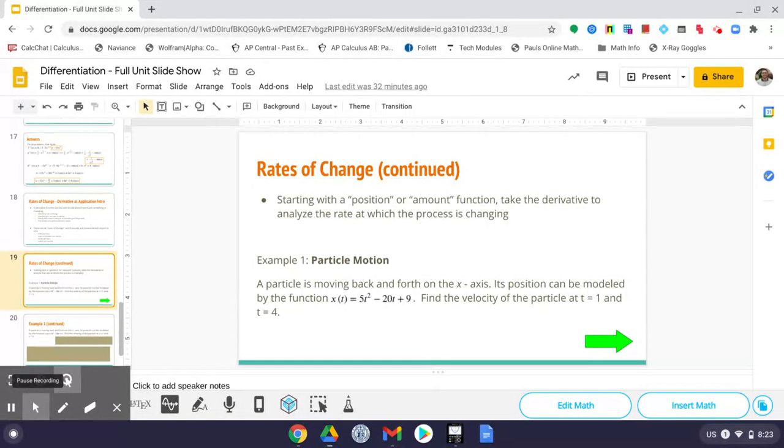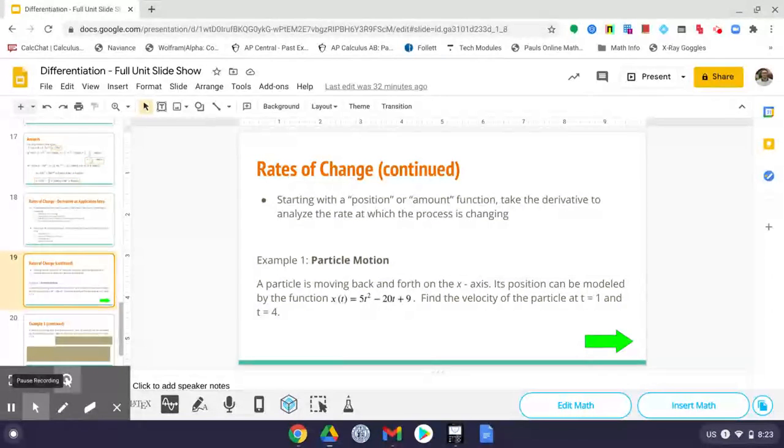So here's the scenario. This particle is moving back and forth on the x-axis. So picture the xy coordinate plane and a small particle that's just moving back and forth on the x-axis. It's not going up or down. It's not going sideways. It's not going on a curve. It is just literally moving back and forth on the x-axis. You can go left, you can go right, but that's it.